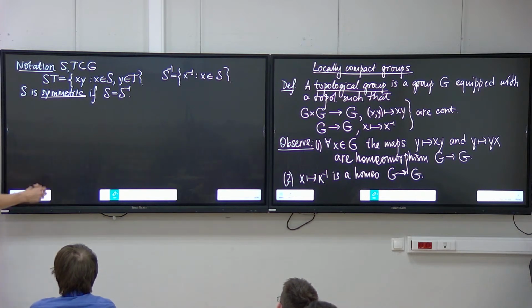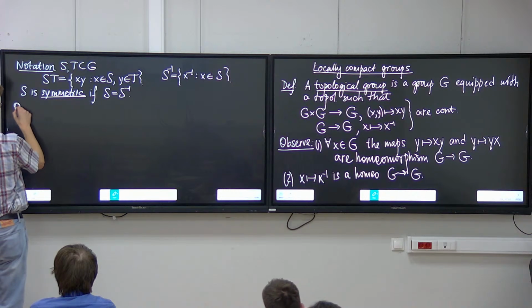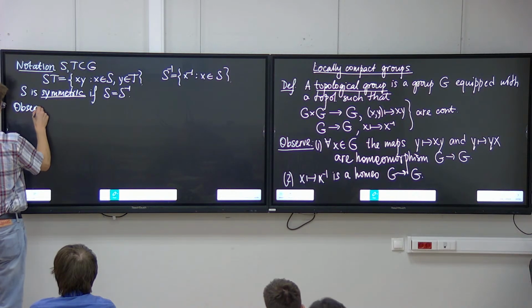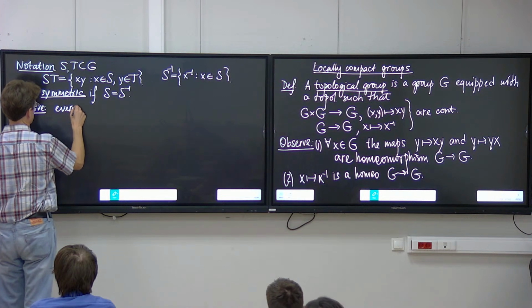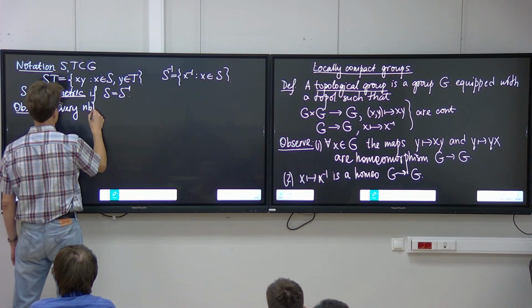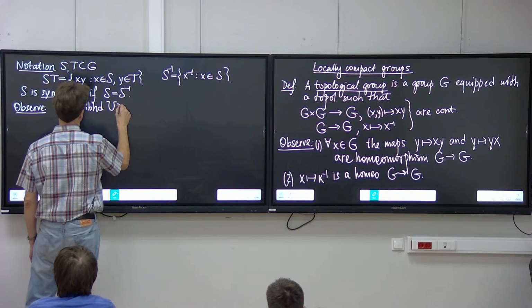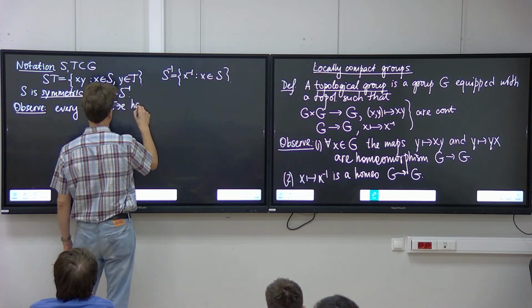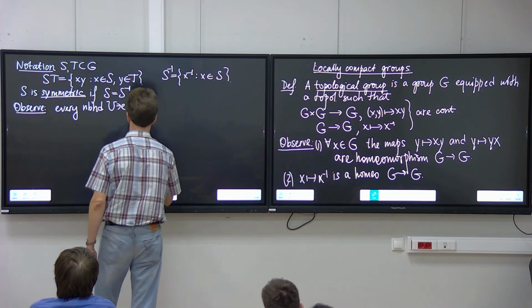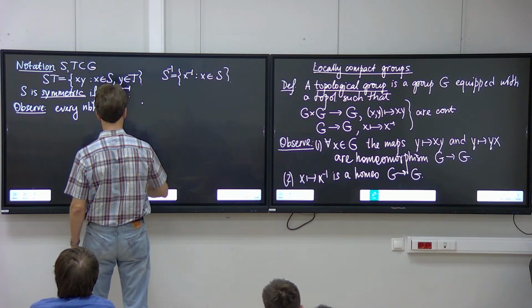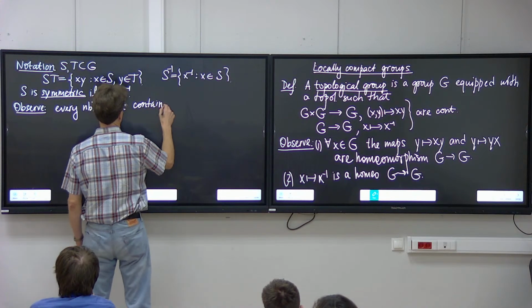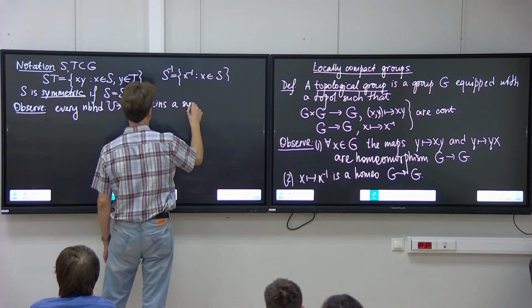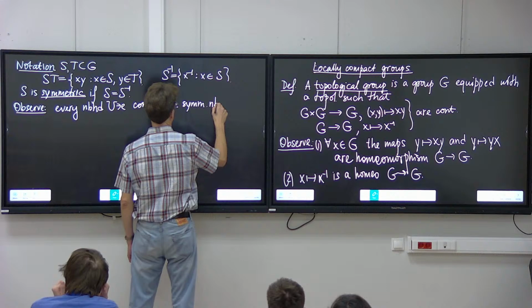And we will often use the following straightforward observation. Let's observe that every neighborhood U of the identity element in G contains a symmetric neighborhood of the identity.